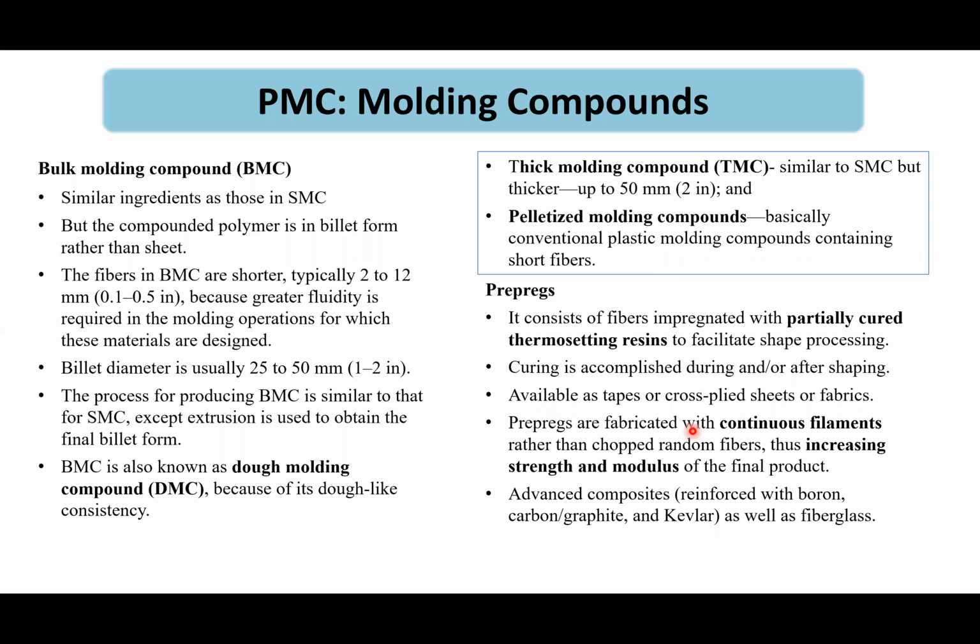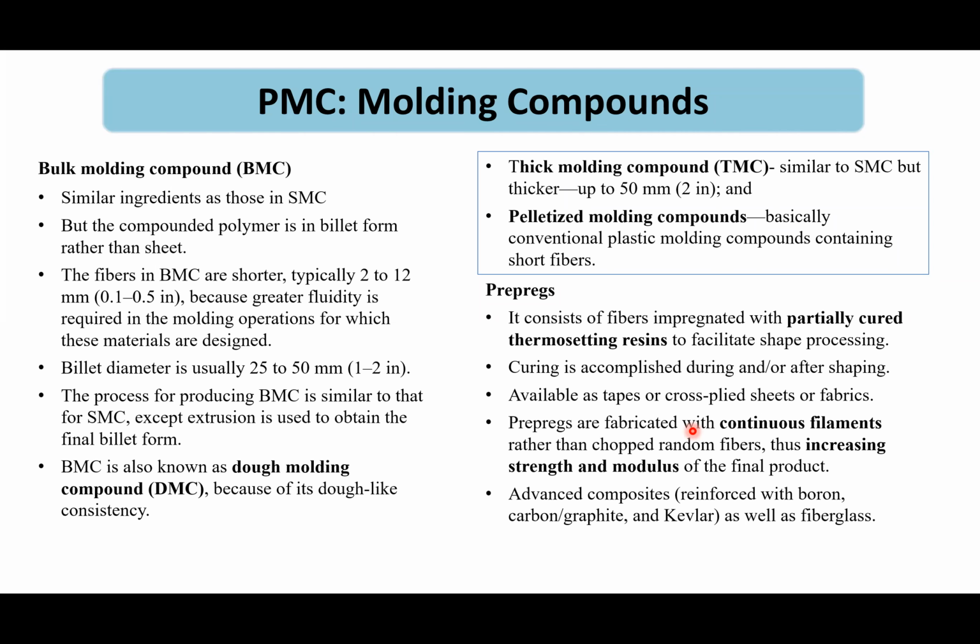And this one is important, the prepregs, the most widely used polymer matrix composites. Mostly these prepregs are bought from some companies, and then you give them the proper shape. The prepregs are basically partially cured thermosetting resins. The fibers are impregnated in that.